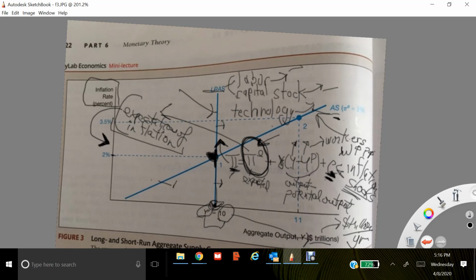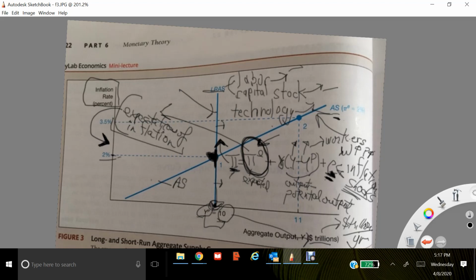We just write it over here. And that would be equal to your long run potential output. So if you were at this point with this inflation rate and this output, you would be in equilibrium in the supply side of the economy, okay?